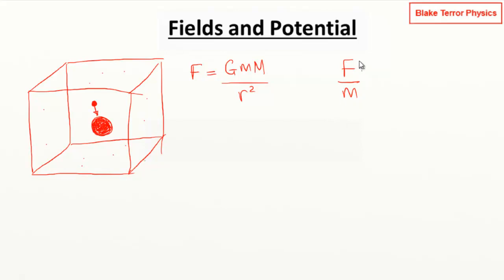So we're going to talk about force per unit mass at every point in space. So force per unit mass is then G M over r squared. So you can see on the right hand side, this has got nothing to do with this second object. It's just got the mass of the Earth, and it's got what distance we are away from the center of mass of the Earth.